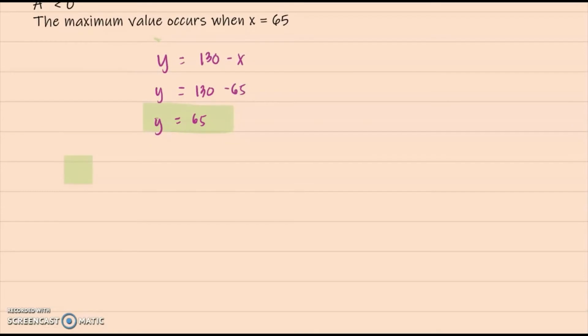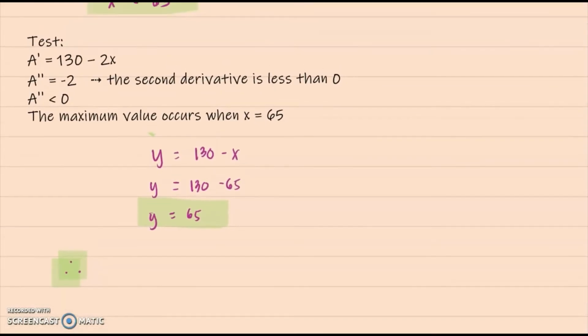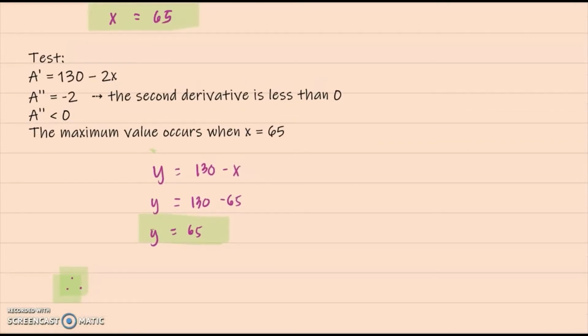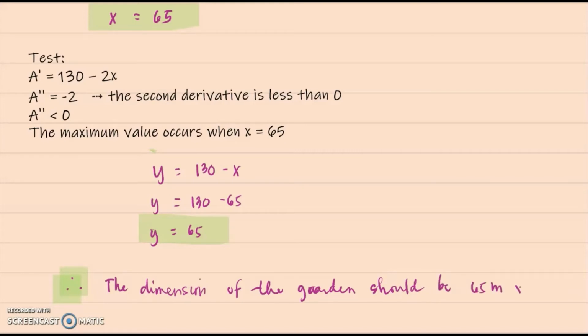Meaning to say, the dimensions of the garden should be 65 meters by 65 meters.